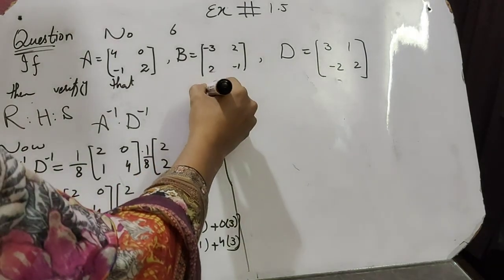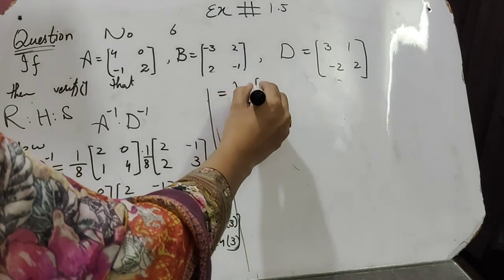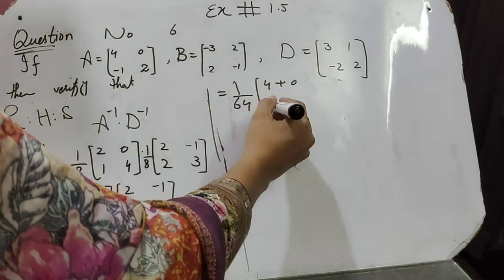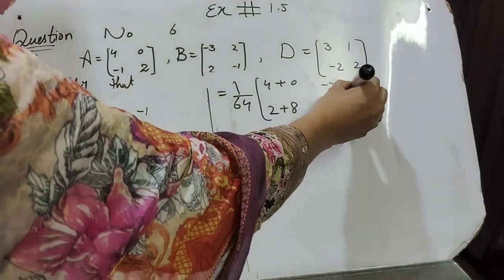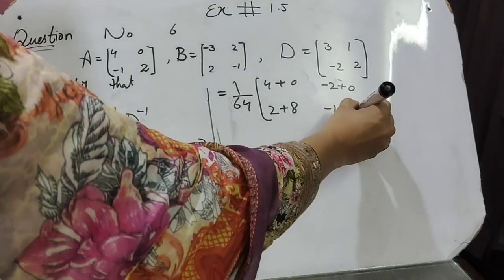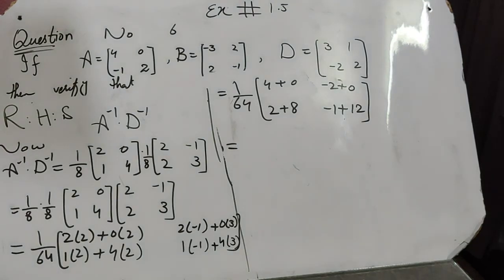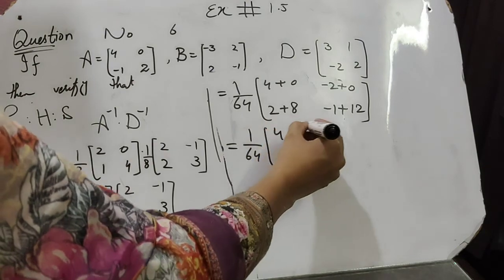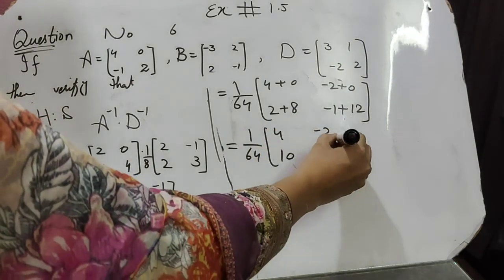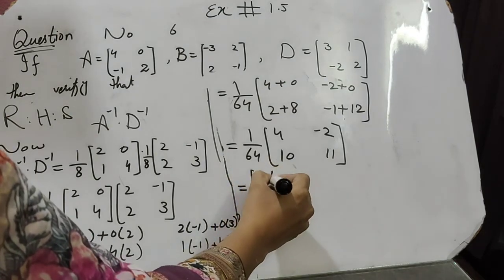So it will be equal to 1 by 64 into [4 + 0, -2 + 0; 2 + 8, -1 + 12], which is equal to 1 by 64 into [4, -2; 10, 11].